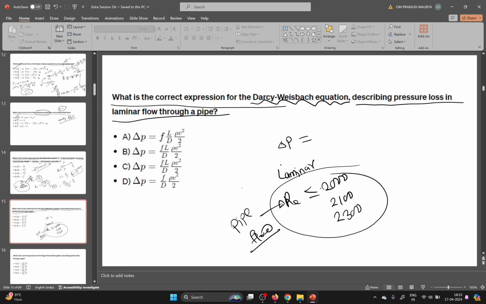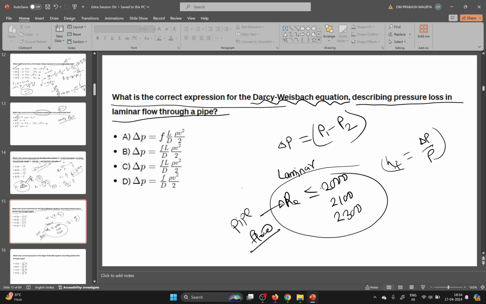So your delta P is what? In the Darcy-Weisbach equation, that is your head loss. Delta P is nothing but P1 minus P2, or hf, you know already, delta P by rho g.